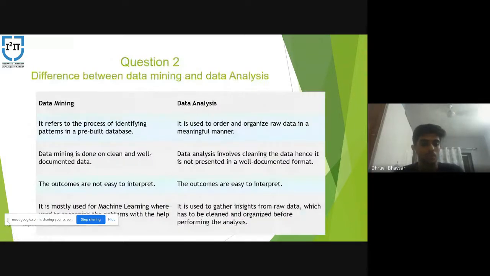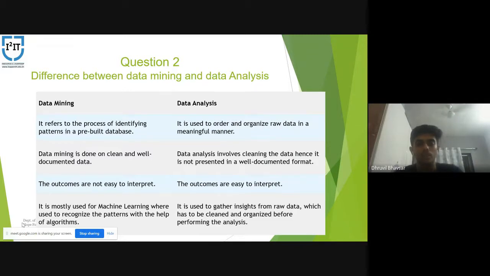The fourth point is that data mining is used mostly for machine learning, where we recognize patterns with the help of algorithms. While data analysis is used to gather insight from raw data, meaning you have to select only the appropriate or useful data from the raw data, which has to be clean or organized before programming the analysis.